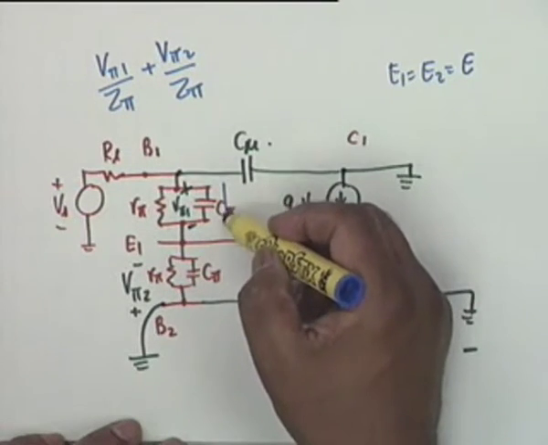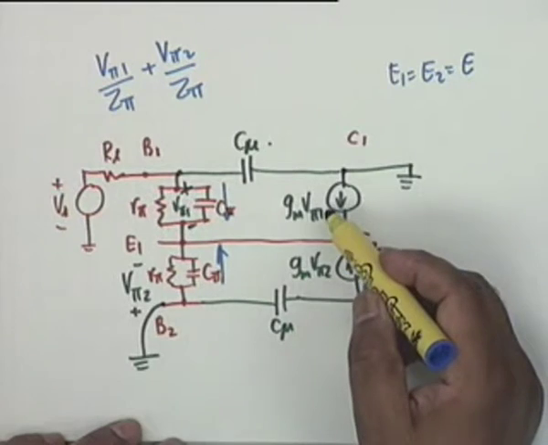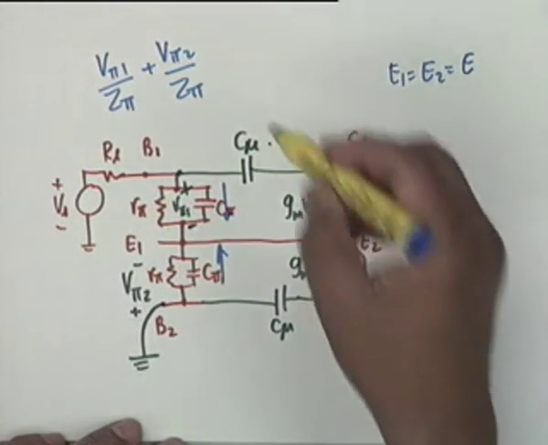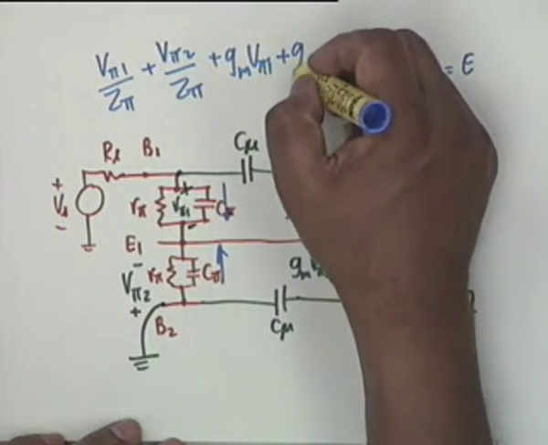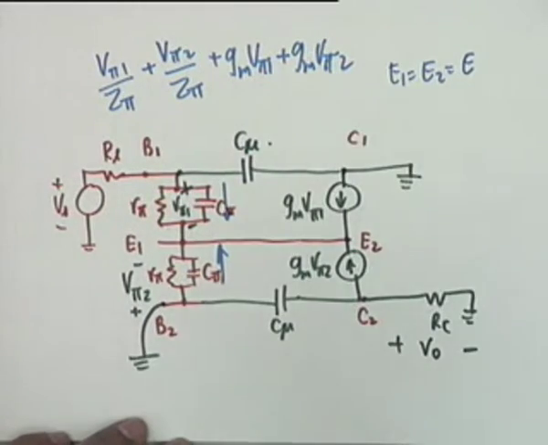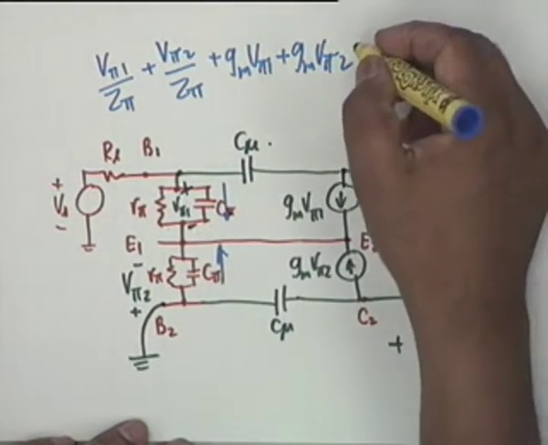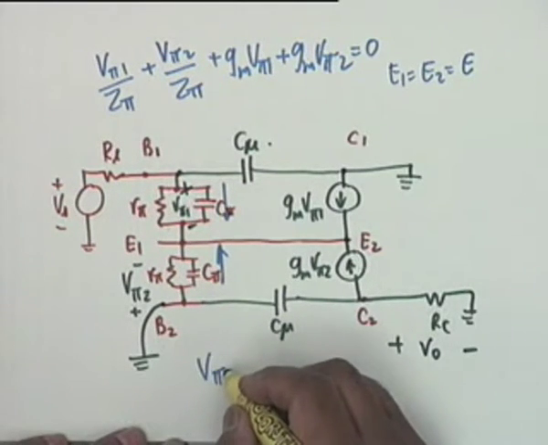This is one current. This is another current. Then I have these two currents, Gm V pi 1 and Gm V pi 2. So Gm V pi 1 plus Gm V pi 2. Alright. And this should be equal to 0. What is the natural conclusion? V pi 1 equal to V pi 2 equal to 0. No.